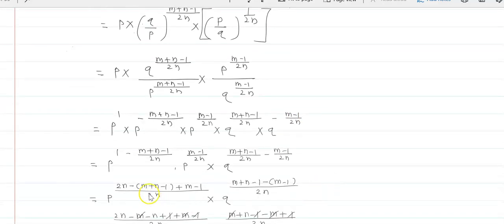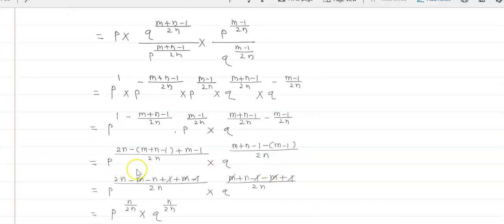Now simplify this, that is p raised to 1 minus (m plus n minus 1) upon 2n plus (m minus 1) upon 2n, q raised to (m plus n minus 1) upon 2n minus (m minus 1) upon 2n.